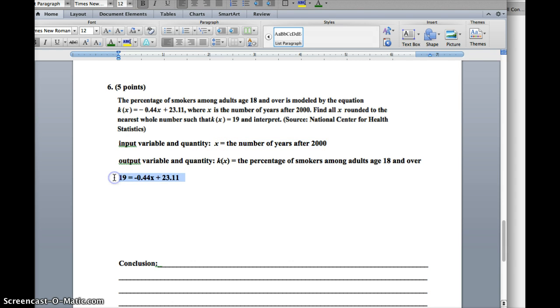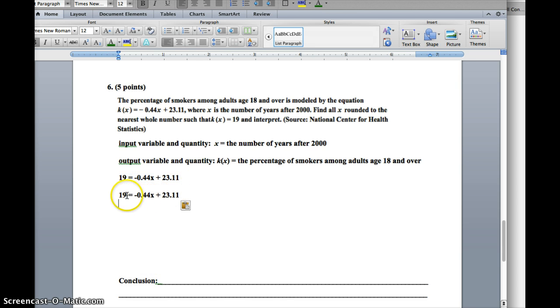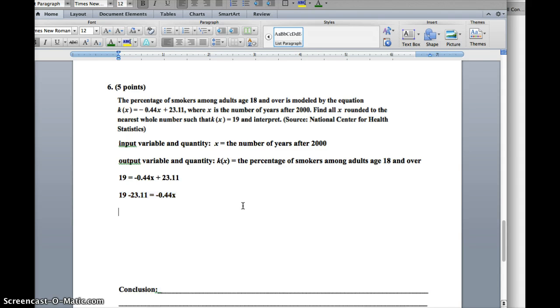So we start with this equation, and then to solve this, we subtract 23.11 from both sides. And we get negative 4.11 is equal to negative 0.44x.